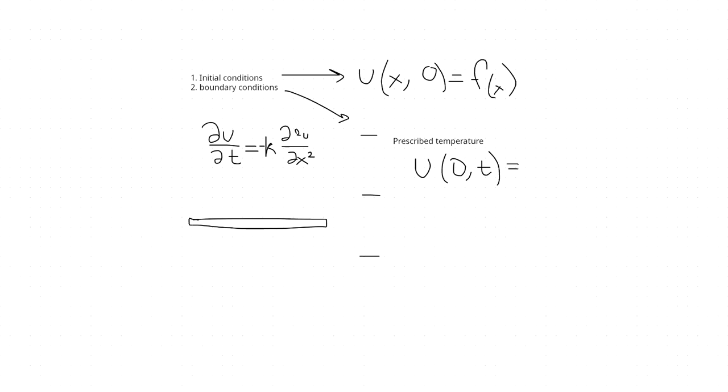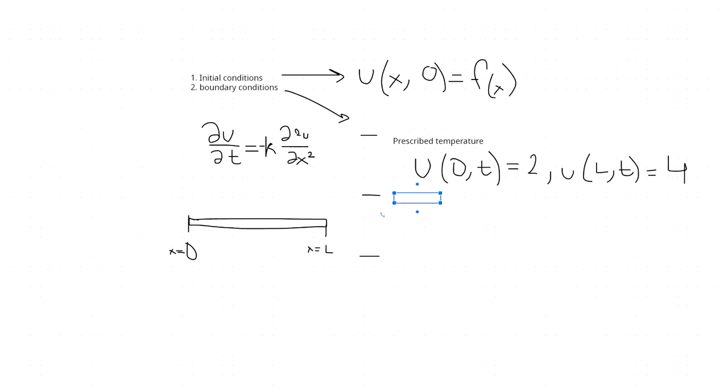And likewise, u at L comma t is equal to some prescribed temperature of 4, right? Where this is x equals 0, and this is x equals L. Pretty simple.